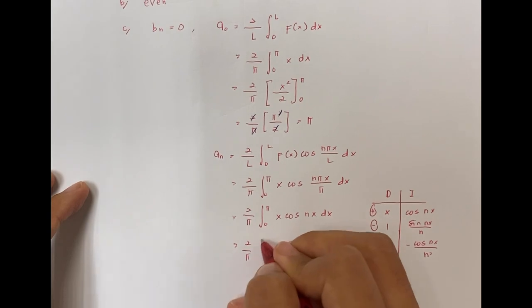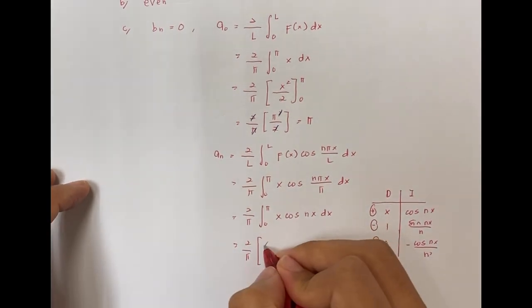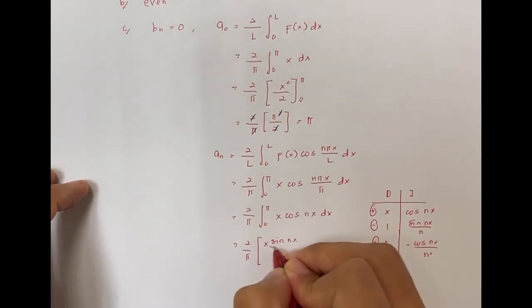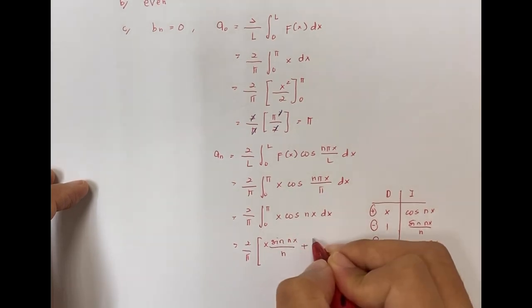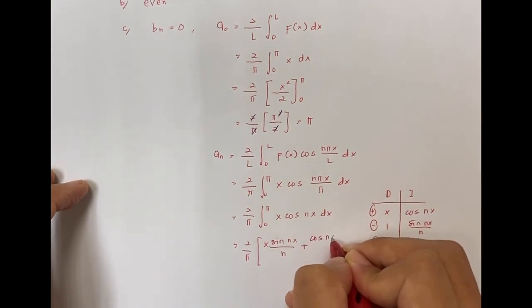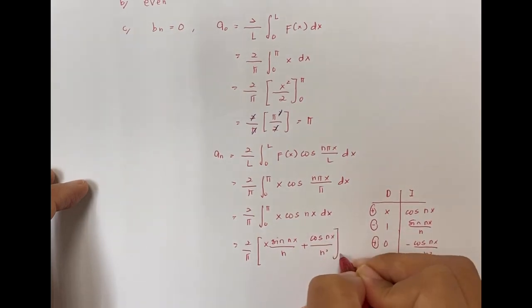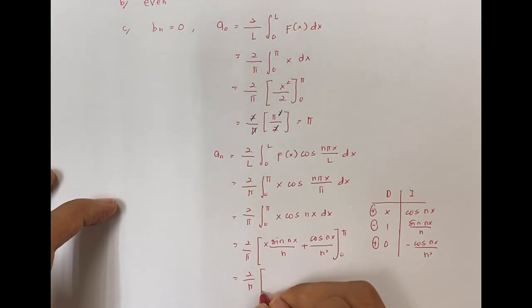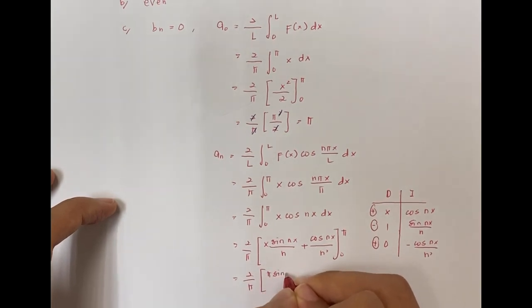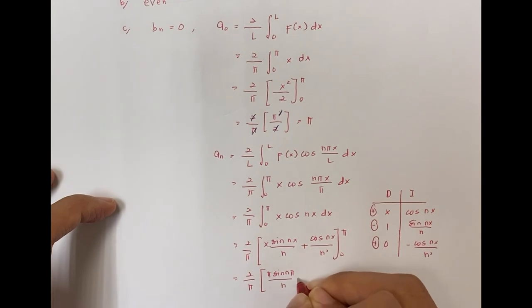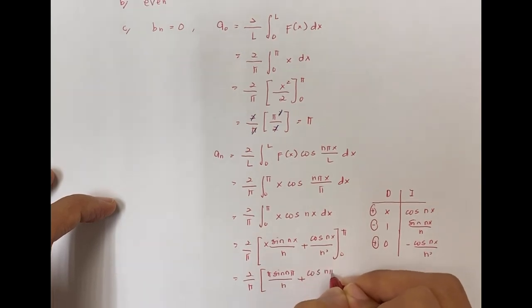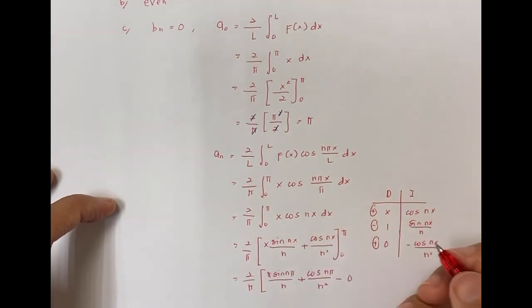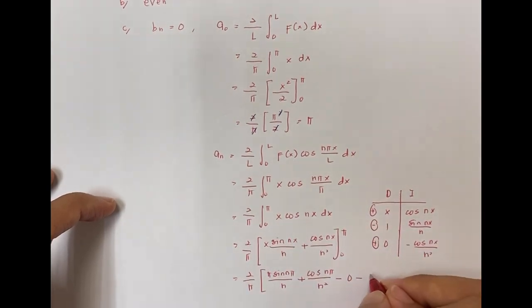So 2 over pi, x sine n x over n plus cos n x over n square, 0 to pi. So 2 over pi, sine n pi over n plus cos n pi over n square, minus 0, since x is equal to 0, so you have 0, minus cos 0 over n square.